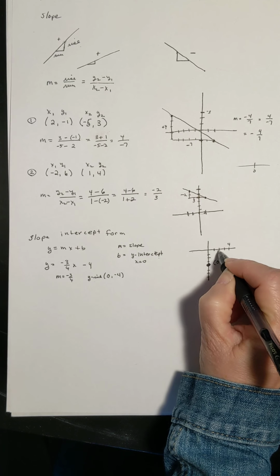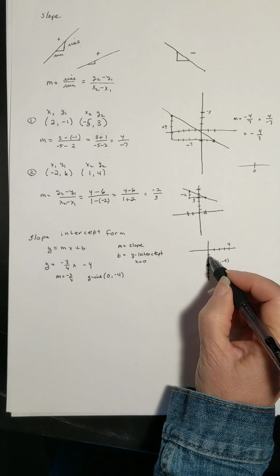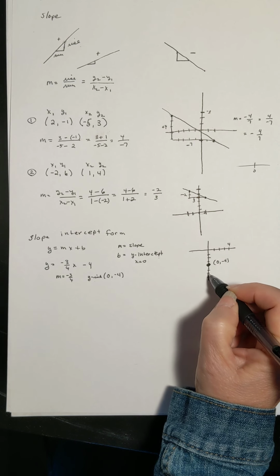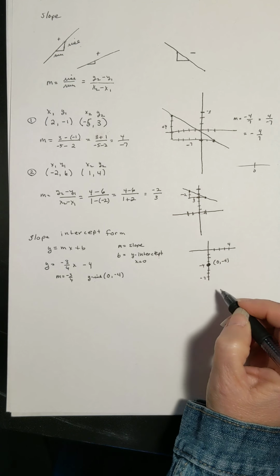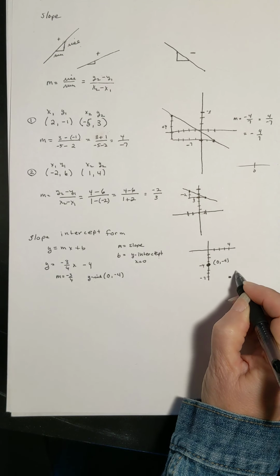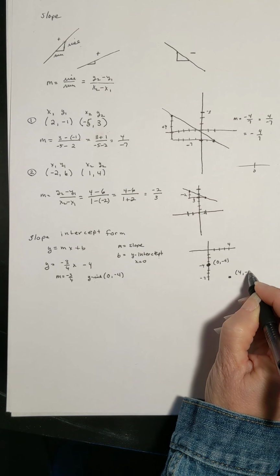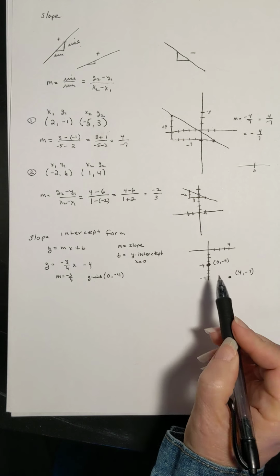So notice that the x-coordinate here is 4. My y-coordinate is 1, 2, 3, 4, 5, 6, 7. So this is -7. This one was -4. And so my second point would be right here at 4, -7. Because remember, the x goes first, the y goes second.